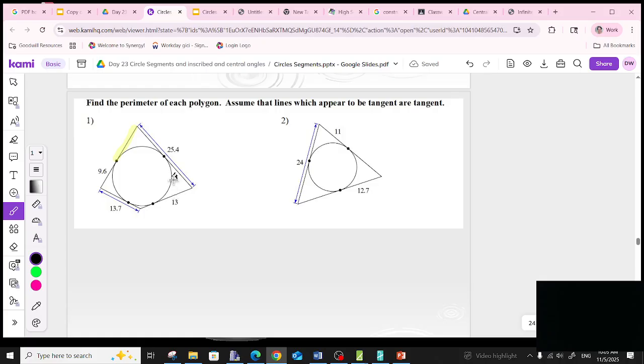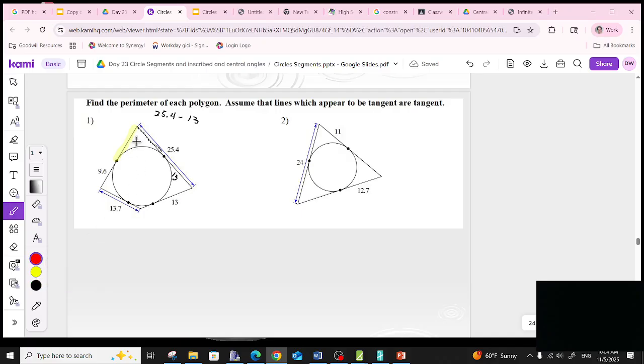If this piece is 13, is there a way for me to find this over here? No? There you go. 25.4 minus 13, because this whole thing is 25.4. So what is this inside piece then?